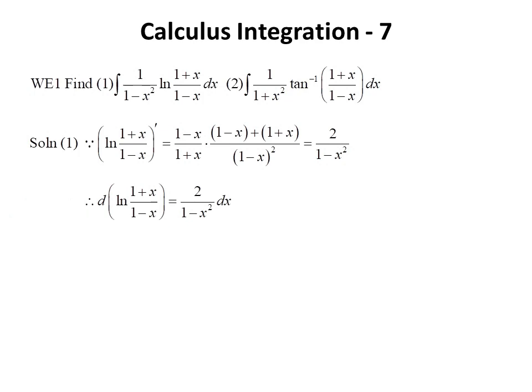Hence, d ln of (1 plus x) over (1 minus x) equals 2 over (1 minus x squared) dx.